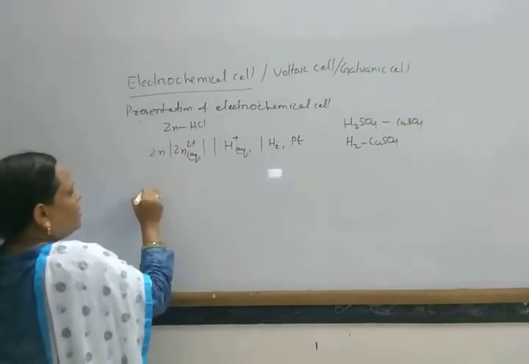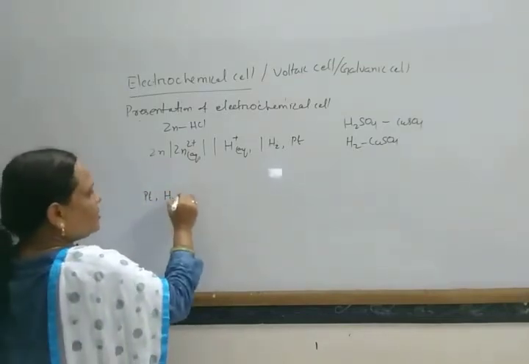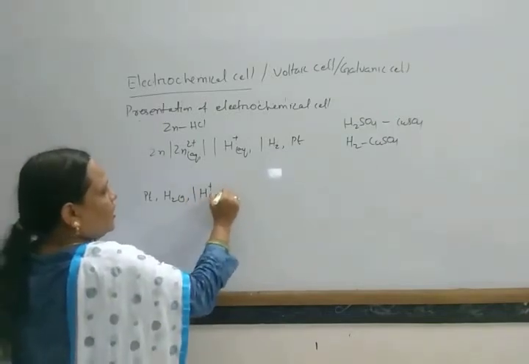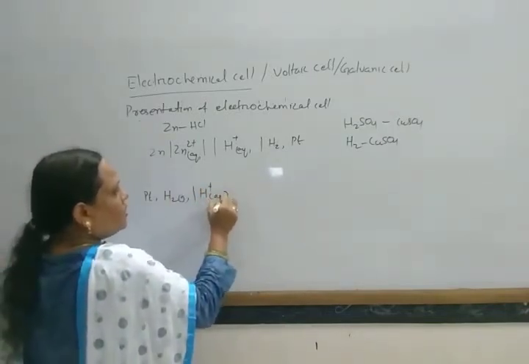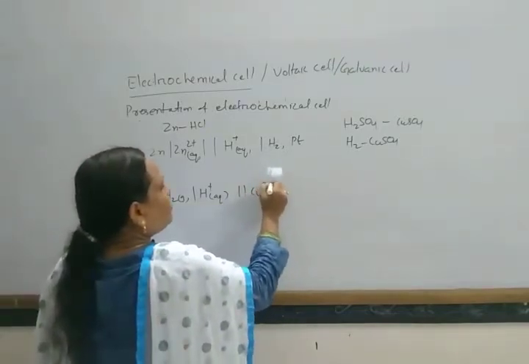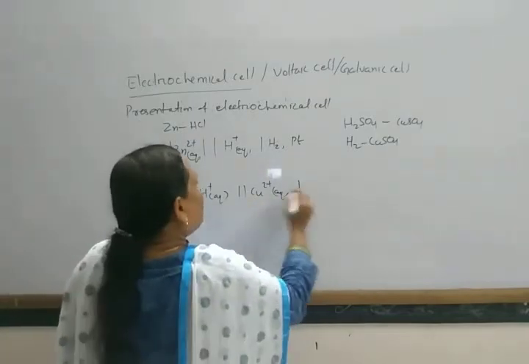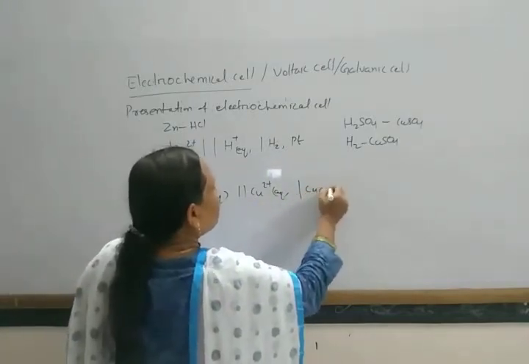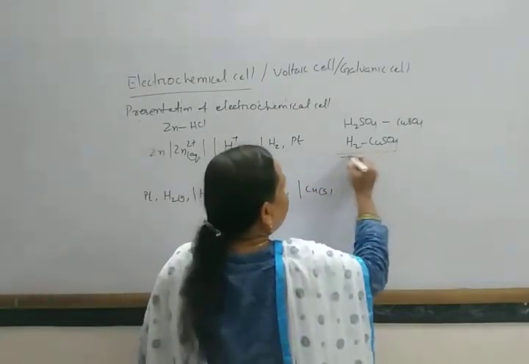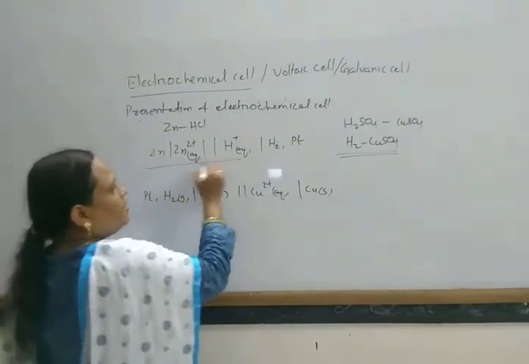For that you have to write the platinum electrode, then hydrogen in gaseous form, then H+ ion in aqueous form, then the salt bridge, then Cu2+ in aqueous form, then Cu solid.